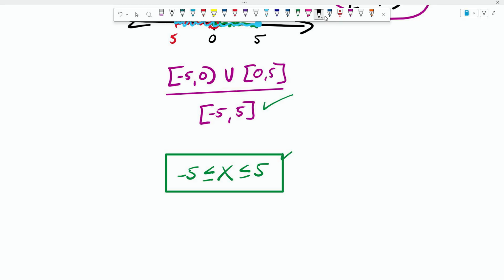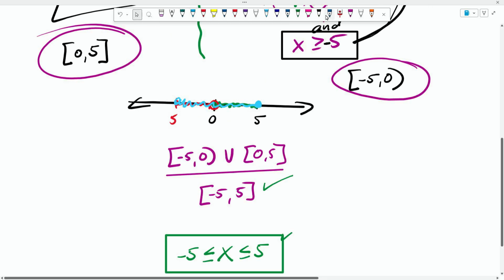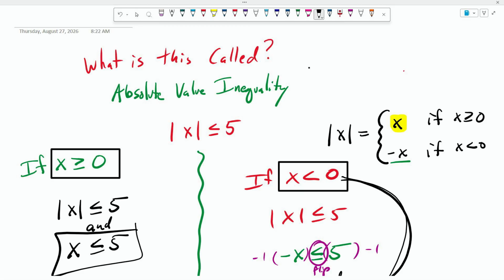Okay, so the shortcut, whenever we're given an absolute value less than or equal to a number, is that we're not going to go through both of these steps.